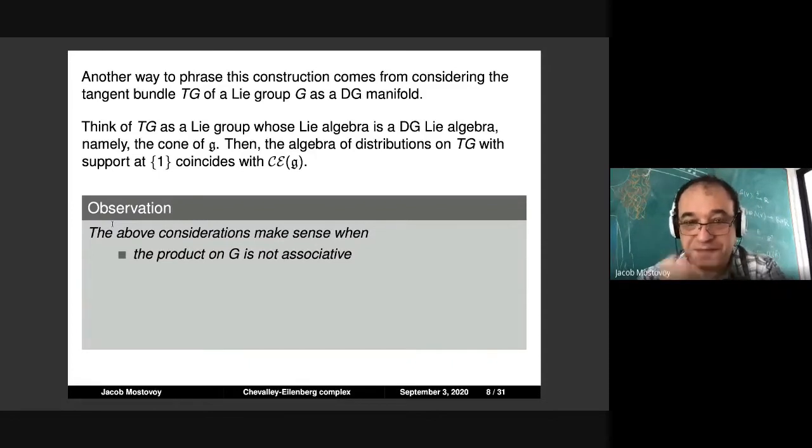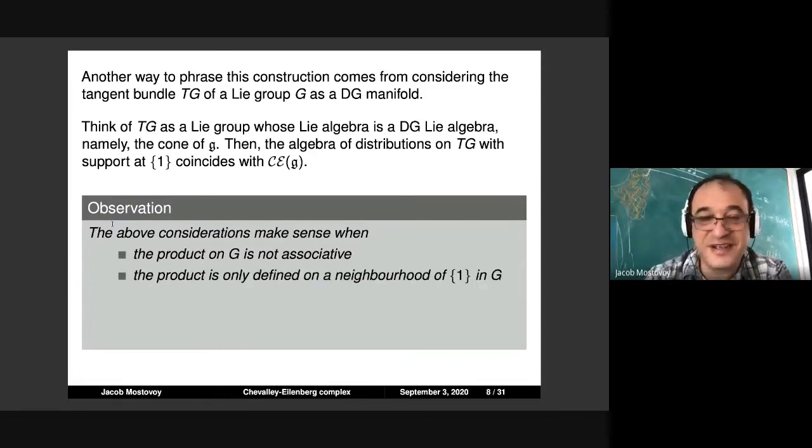So, well, half of the talk is already covered. The product on your Lie group should not necessarily be global. We're only interested in what happens in some neighborhood of the unit in G. And for Lie groups, it's not really important because any local Lie group integrates.